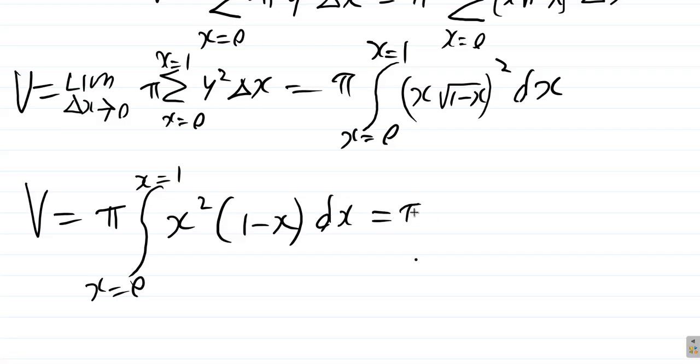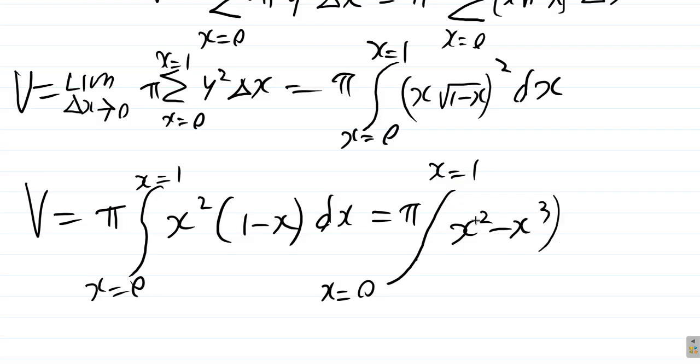Now that is equal to pi times the integral from x equals 0 to x equals 1 of, if you multiply out the brackets, x squared minus x cubed, dx.